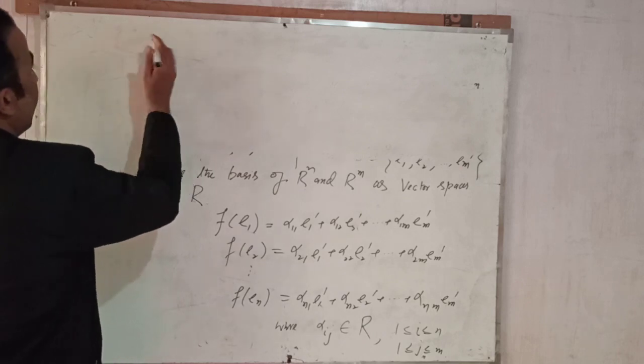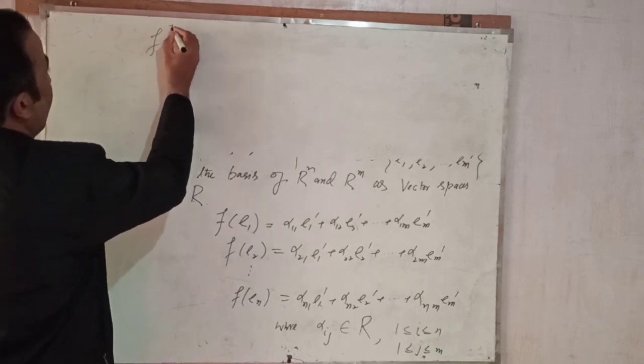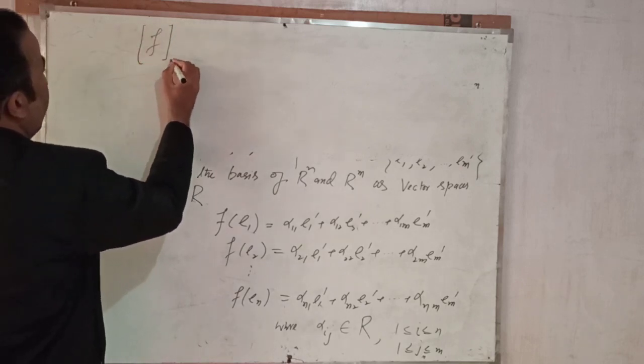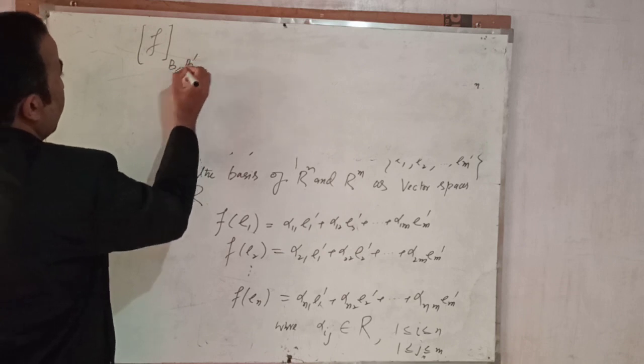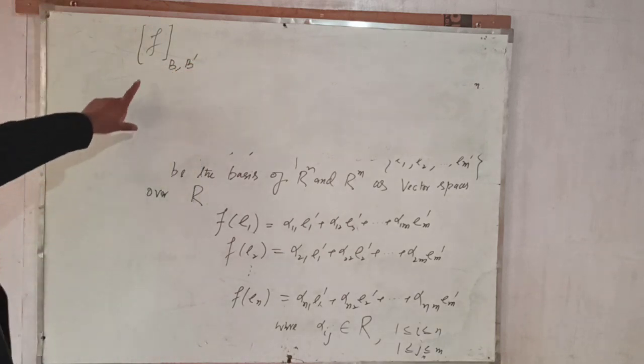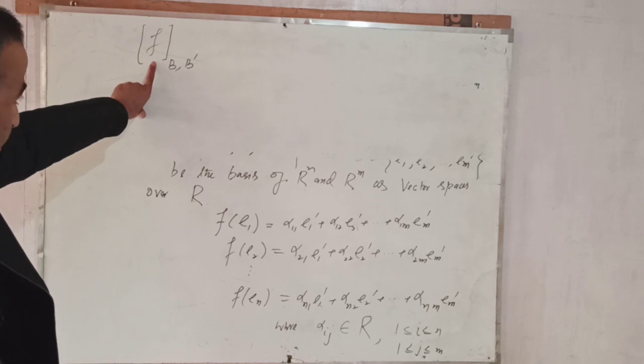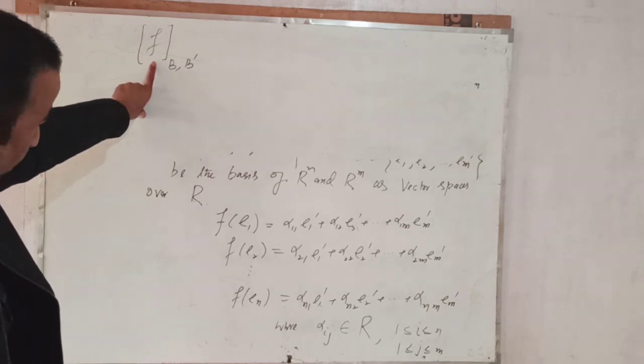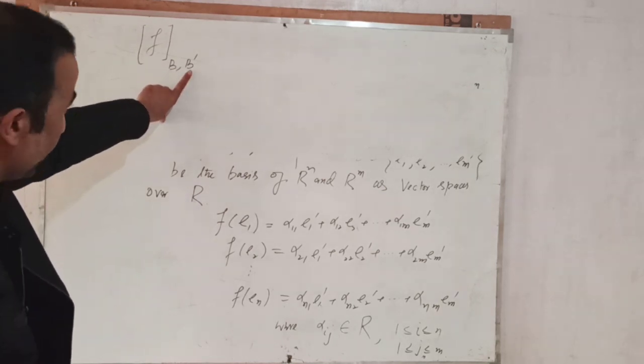If I denote this by F from B to B dash, I can say, sometimes we call this a transition matrix from basis B to basis B dash.